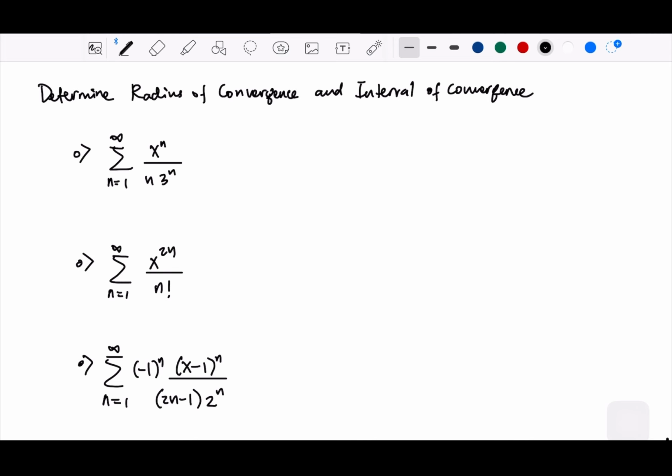Well, let's say we have these three examples. So to test all these three power series, start with the ratio test. Solve the limit, and check the result from that. And then later, check the interval.